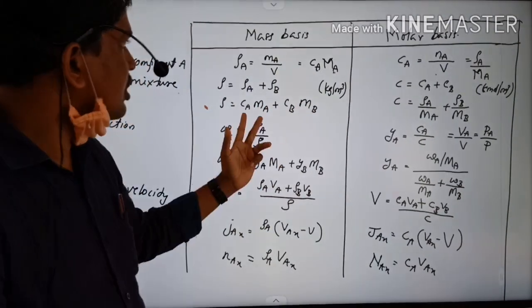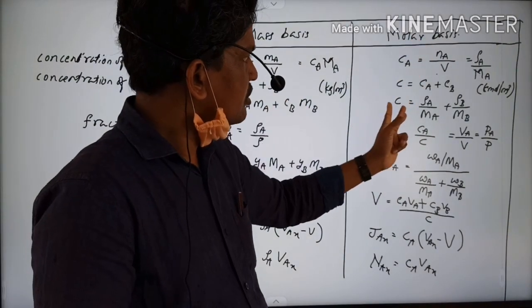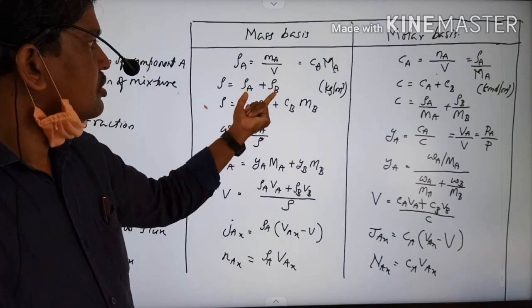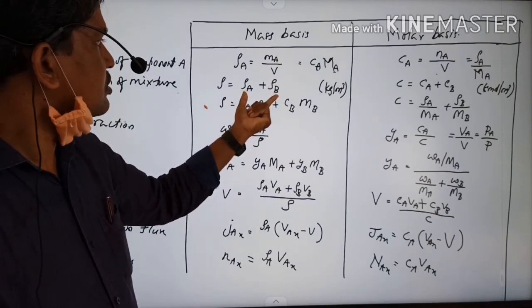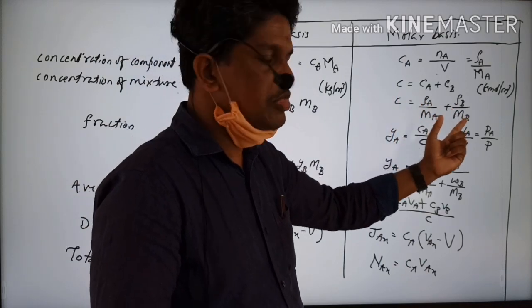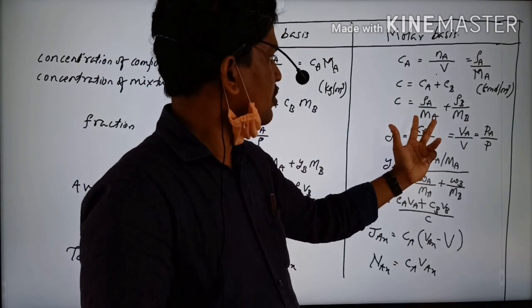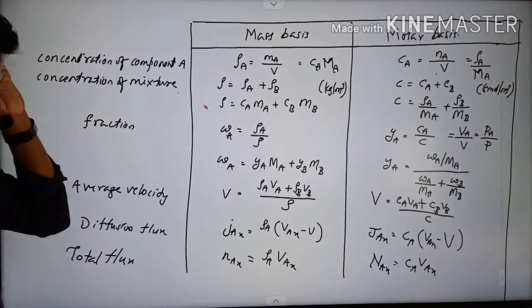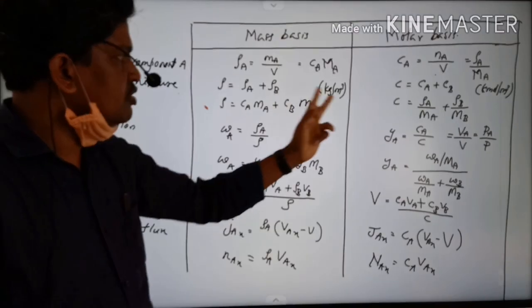Similarly, the mixture concentration can be found in terms of the mass concentration of individual components, that is C is equal to rho A by Ma plus rho B by Mb, where Ma is the molar mass of A and Mb is the molar mass of B. Then the fraction. There are two types, mass fraction and mole fraction.